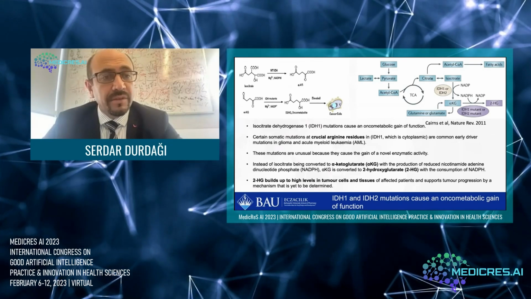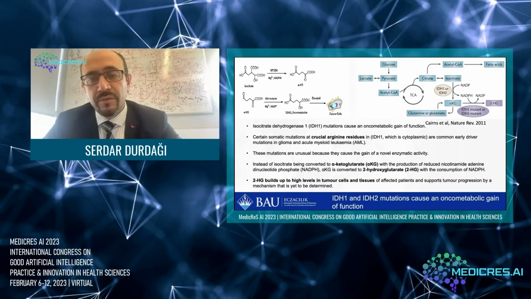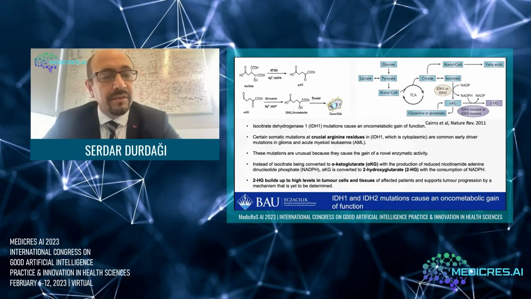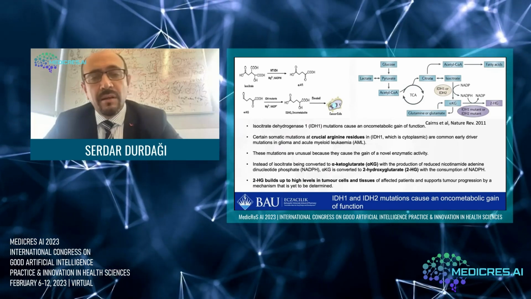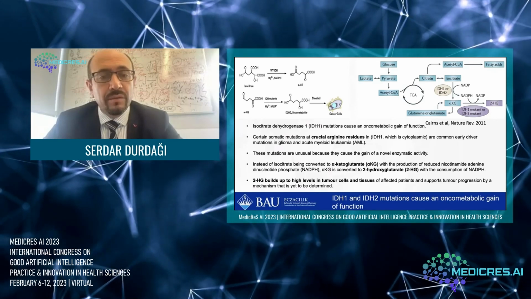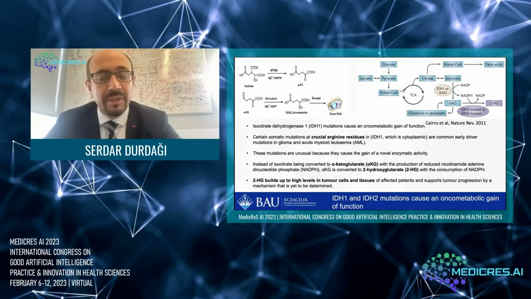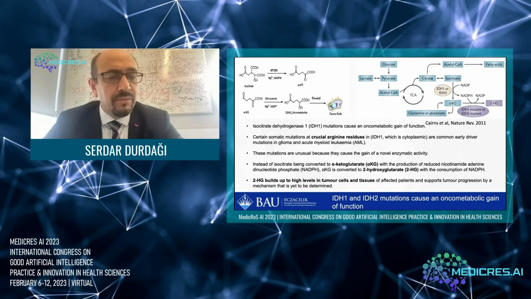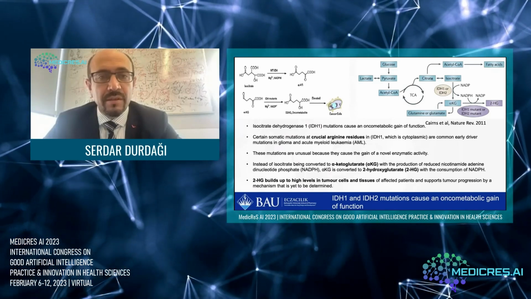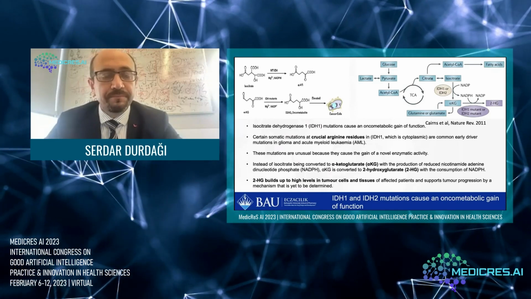Instead of isocitrate being converted to alpha-ketoglutarate with production of reduced nicotinamide adenine dinucleotide phosphate, NADPH, alpha-ketoglutarate is converted to 2-hydroxyglutarate with a consumption of NADPH. 2-HG builds up to high levels in tumor cells and tissues of affected patients and supports tumor progression by a mechanism that is yet to be determined.